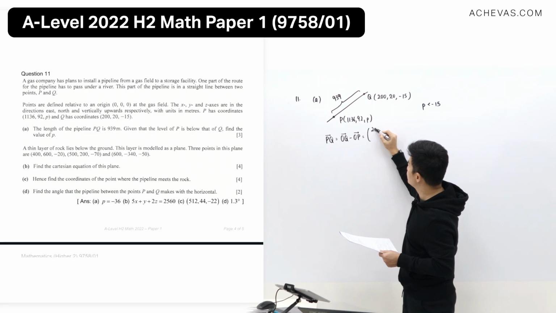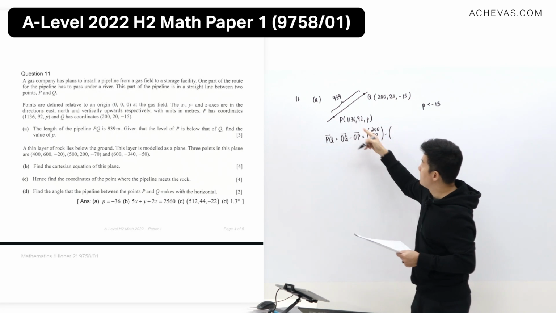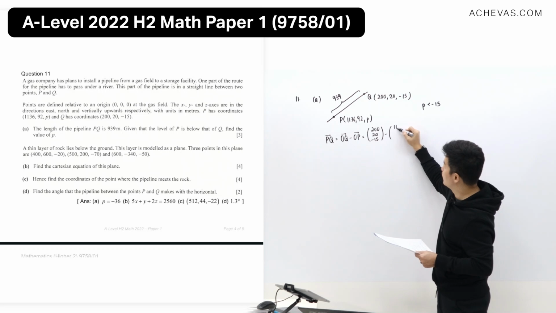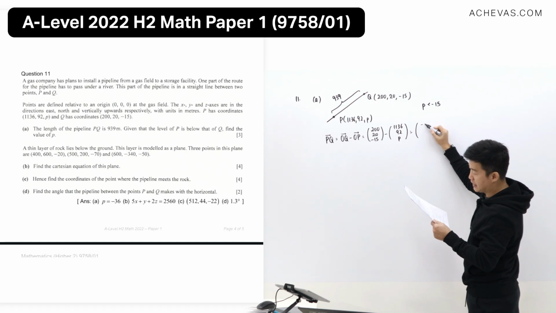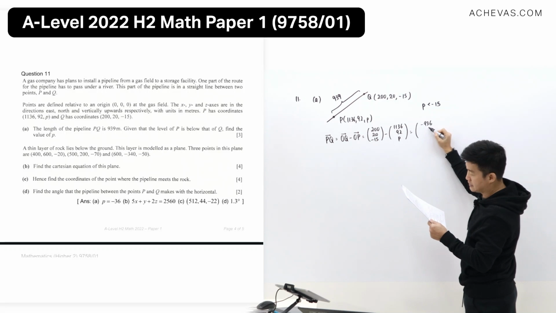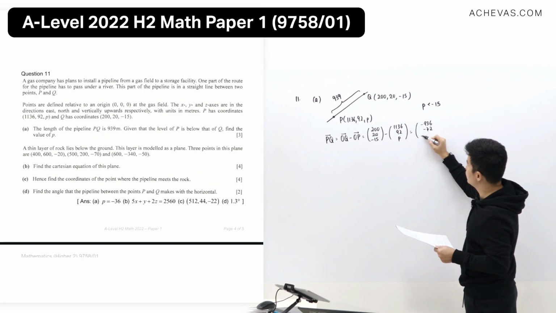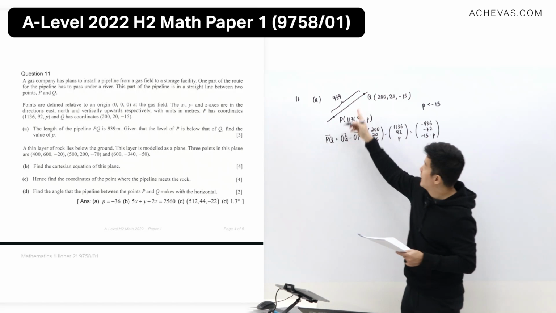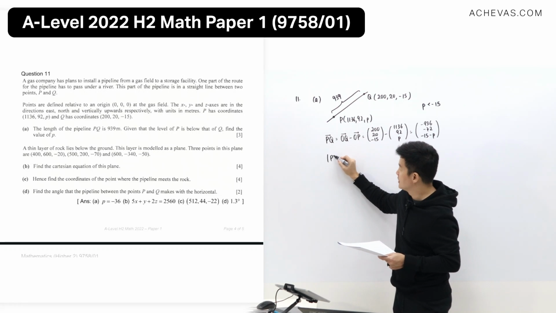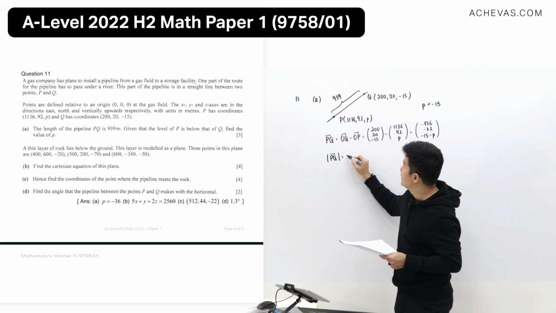OQ is going to be 220, -15, minus OP, 1136, 92, and P. This is going to be equal to -936, -72, -15 minus P. This is vector PQ.